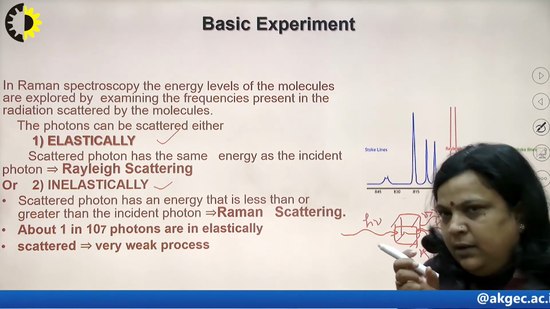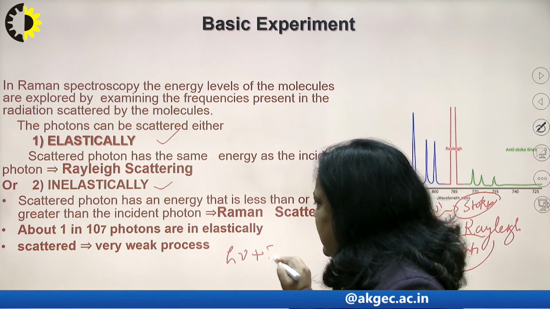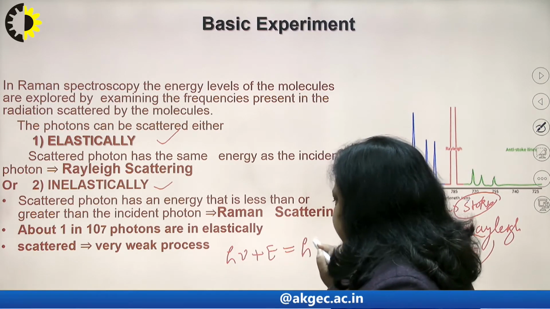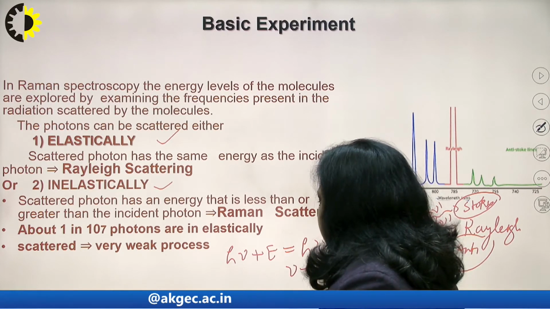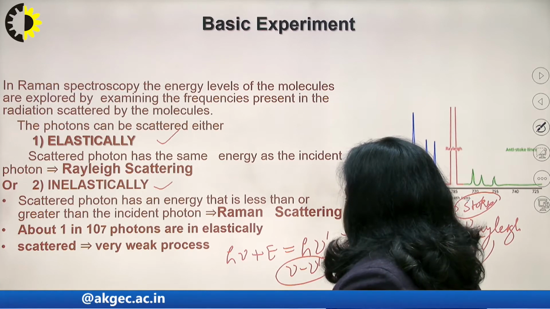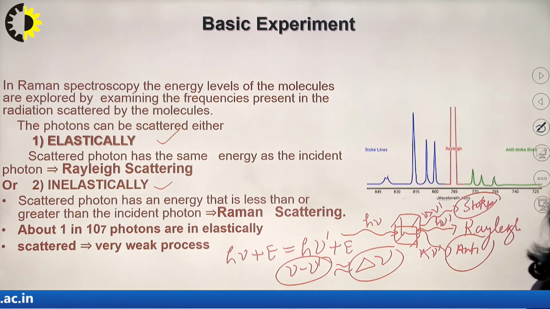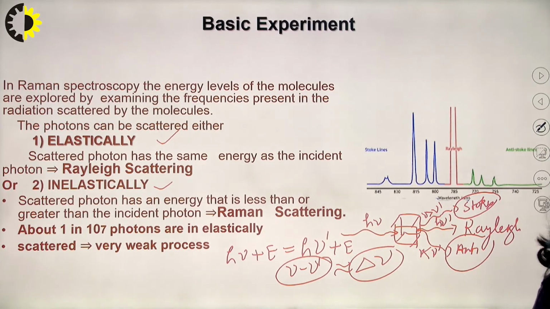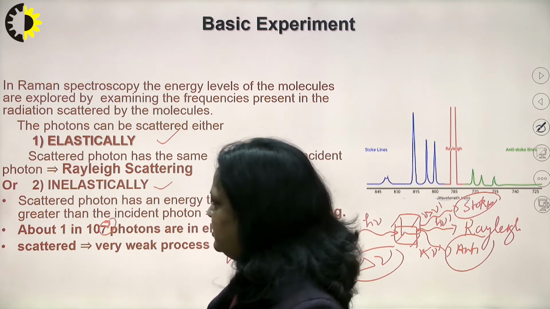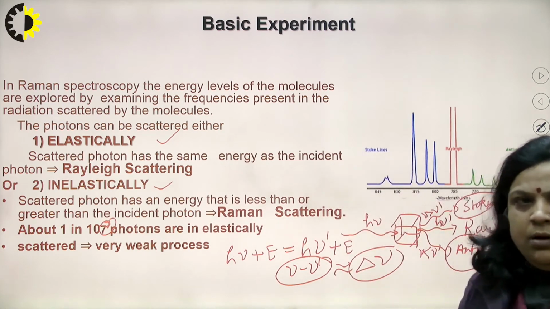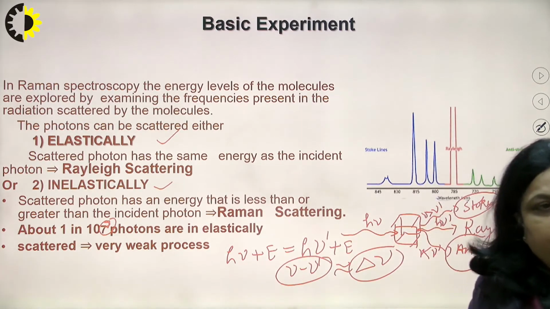The shifting, mu minus mu dash or mu dash minus mu, which is approximately delta mu, is called Raman scattering. And in approximately 10 to the power 7 photons, about 1 photon undergoes inelastic collision.